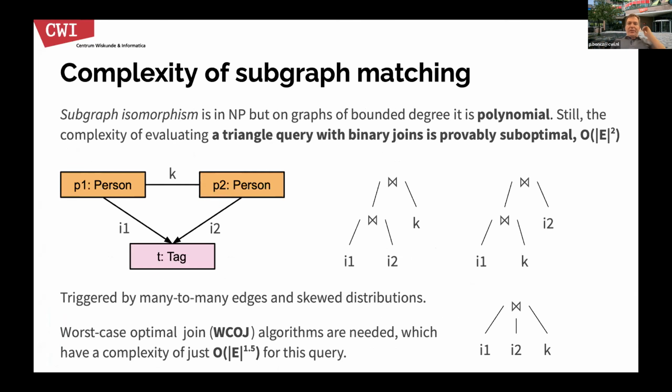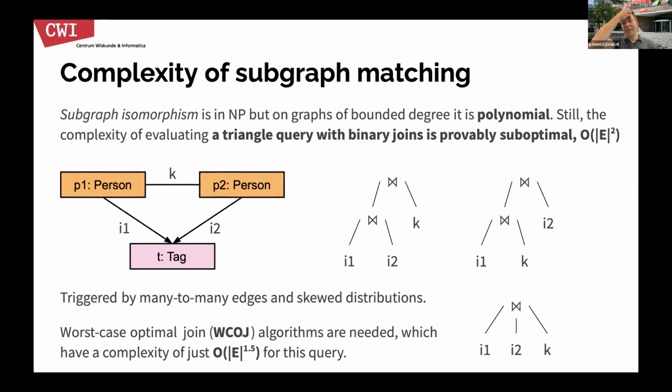Finally, the complexity of subgraph matching. So subgraph isomorphism, so checking whether two subgraphs are isomorphic, is in NP, and it's actually still an active area of theoretical computer science research. But we know that for graphs of bounded degree, the complexity is polynomial.